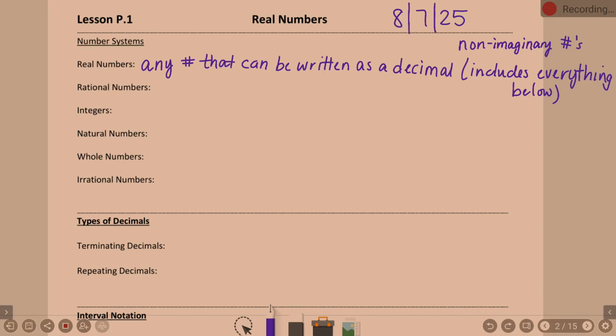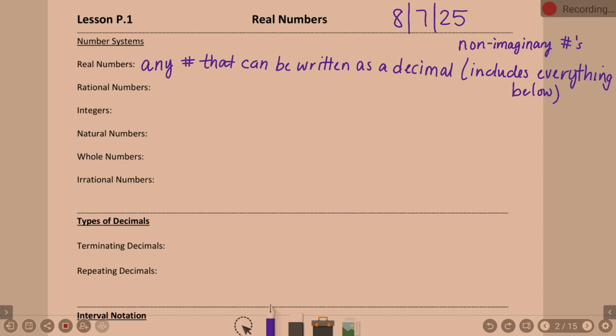Any number that can be written or expressed as a fraction or ratio. Officially, the mathematical word I should say is ratio. Fraction is what I often say. So any number that can be expressed or written as a fraction or ratio. Now, repeating decimals can be written as fractions. Terminating decimals, so decimals that end, can be written as fractions.